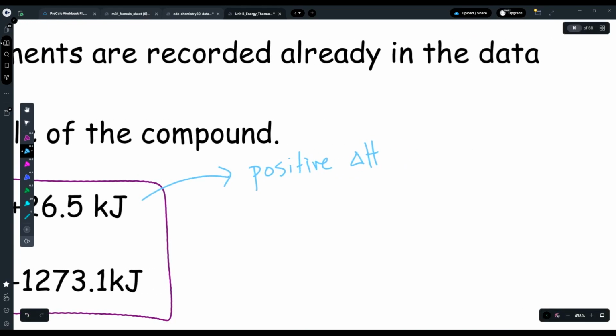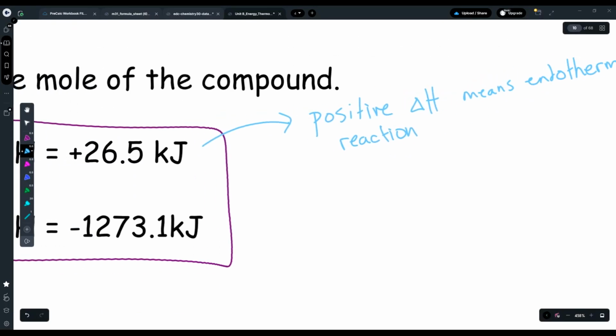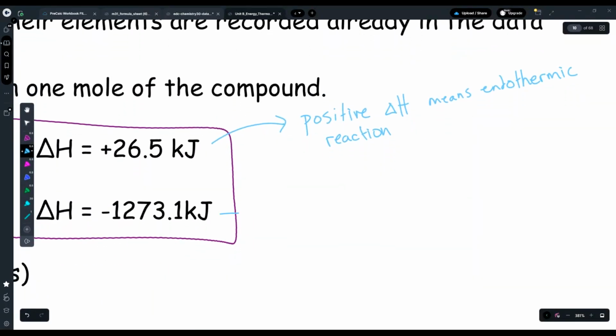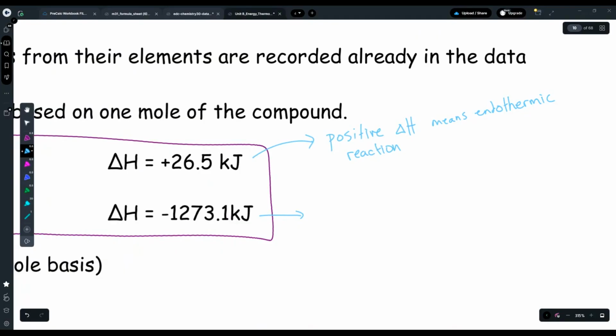So positive delta H means endothermic reaction. Meanwhile, for the second, since it's a negative change in enthalpy, that tells us that it's an exothermic reaction.